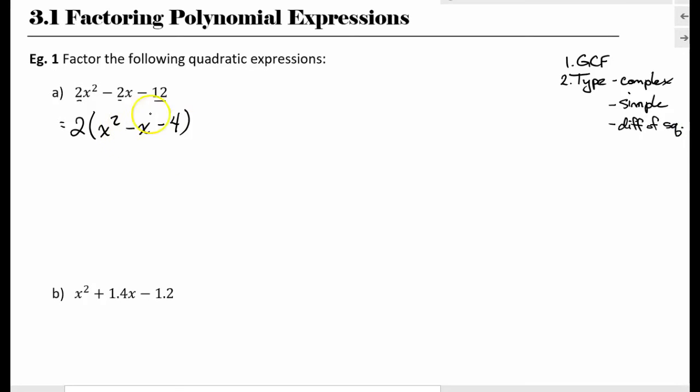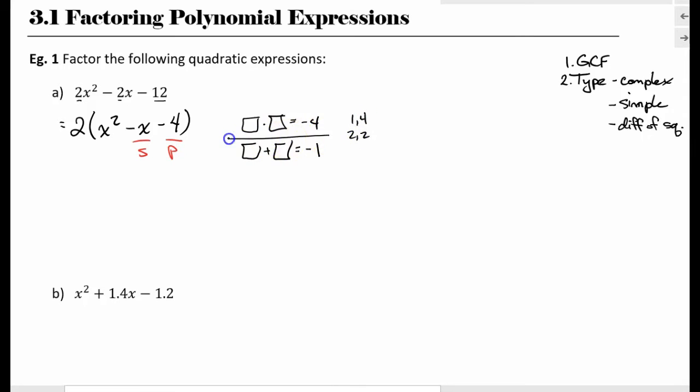Okay, because this is a simple trinomial, we're going to break it up, and again, we look for product and sum. So two numbers that multiply to give me -4 and add to give me -1. Well, the only factors for 4 are either 1 and 4 and 2 and 2.